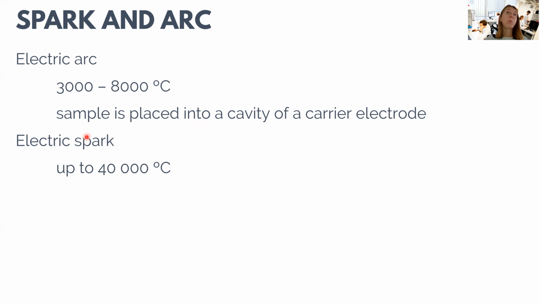Electric spark is similar, but here the temperature is extremely varying and can be very high, up to 4,000 kelvins. However, the problem with both spark and arc is that the temperature depends extremely on the sample, on the length between the two electrodes, as well as other factors. As a result, the temperature is varying very much, and the arc and spark are not so stable.